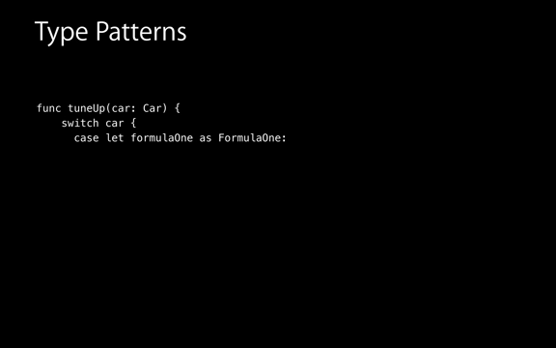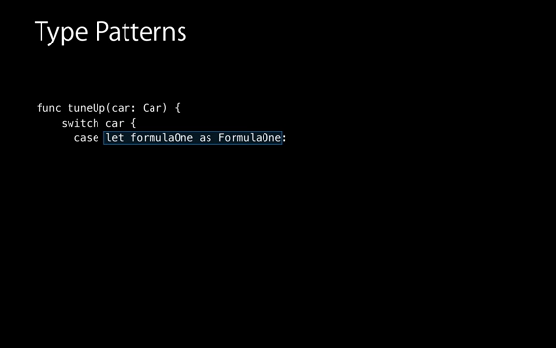Pattern matching doesn't just work with enumerations. It also works with the dynamic types of classes. Let's say we're going to tune up a car, and it's an arbitrary car. If someone brings a Formula One car into our mechanic, he's probably going to be a little confused, and you might want to take it to a specialist. We can do this using the as pattern.